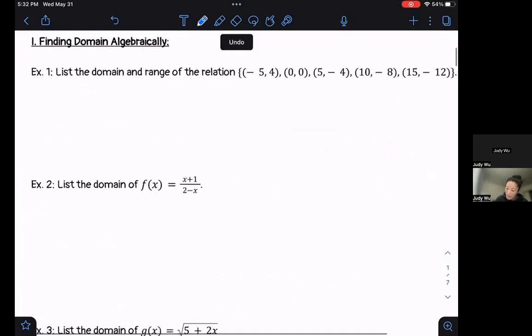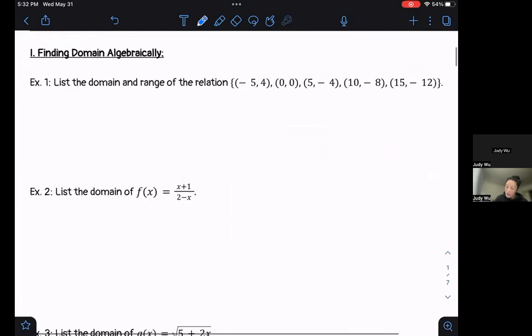Finding domain algebraically really means find the domain if you have an equation. But I thought it would be good for us to start off with something a little bit more familiar. List the domain and range of this relation. We talked about how relations are ordered pairs, and we can see 5 ordered pairs right here.